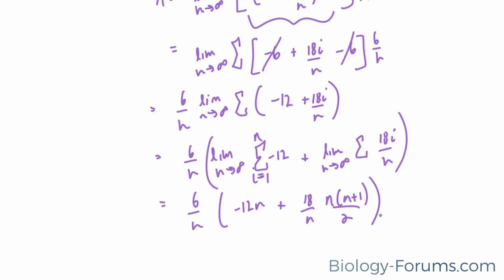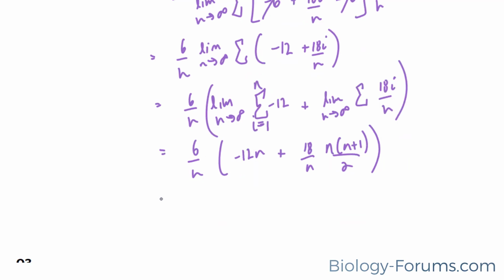And I will now fully expand this. So the limit as n approaches infinity, and I'm going to multiply all of this in, gives me 6 times negative 12, which is equal to negative 72, and then the two n's will cancel out, so you just end up with negative 72.